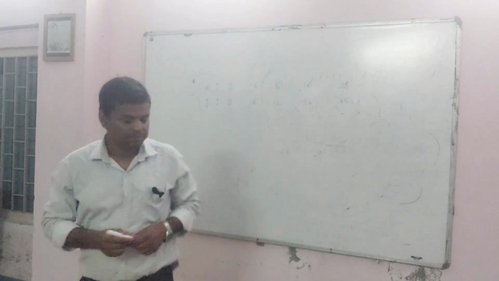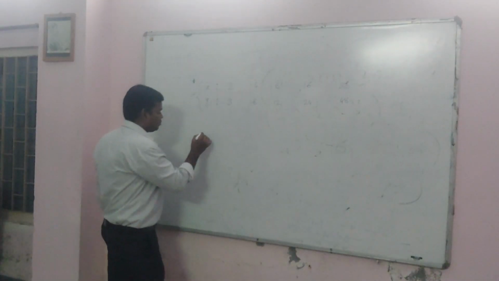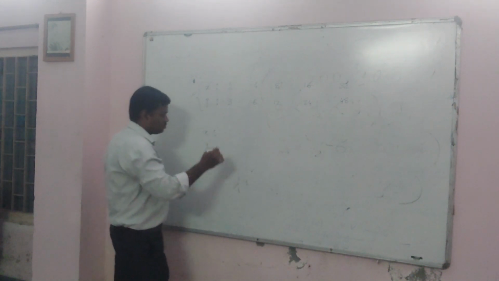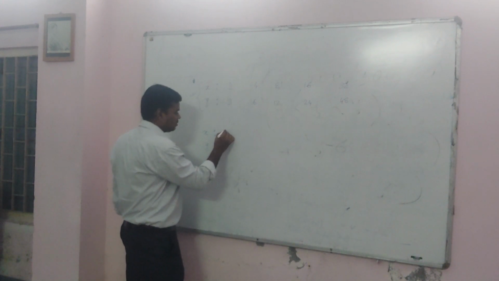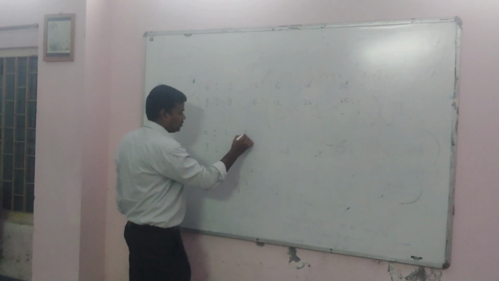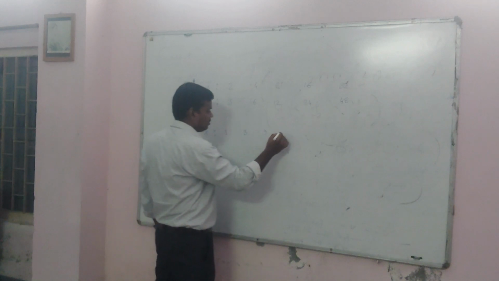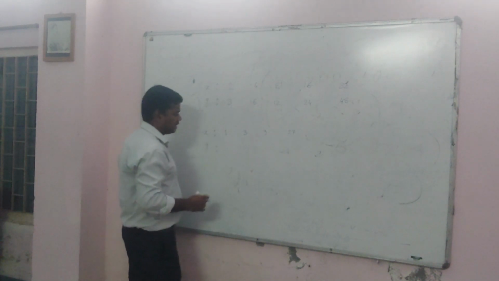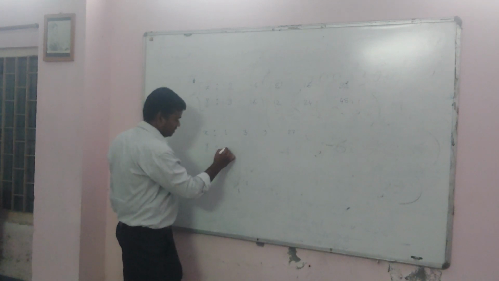For example, say we assume again two variables x and y, and the values of x are like this: 1, 3, 9, 27, and the values of y are like this.